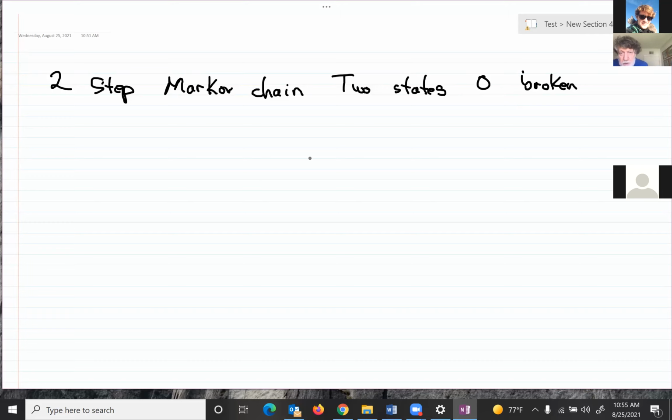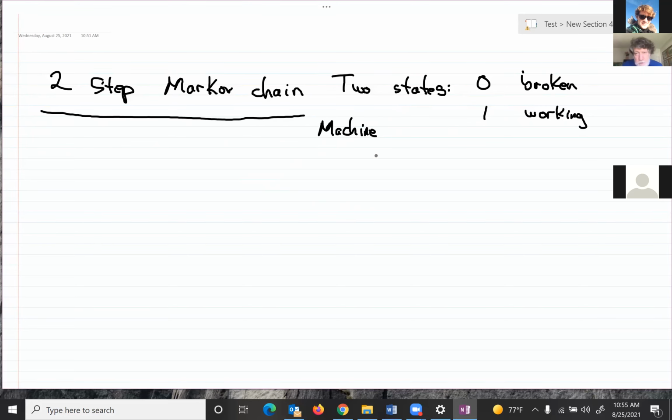And the state 1 will represent that the machine is working. And this is the title of the talk, two-step Markov chain, and I'm thinking of some machine. Probably I'll call it a printer as we go along.